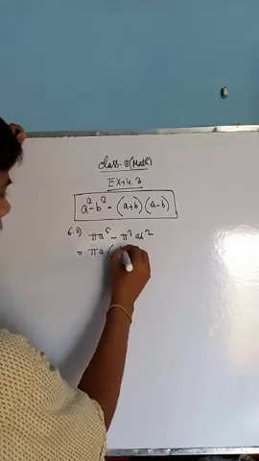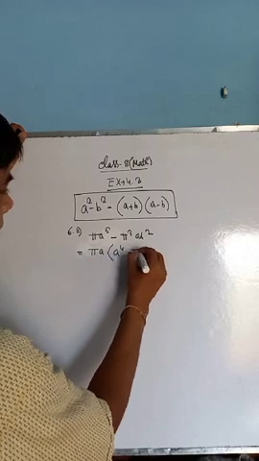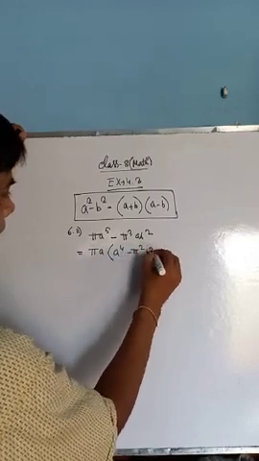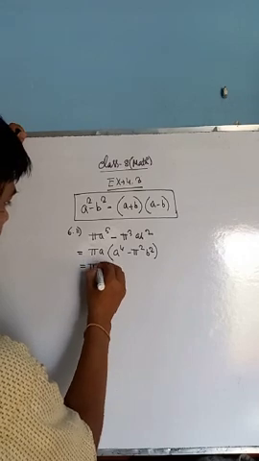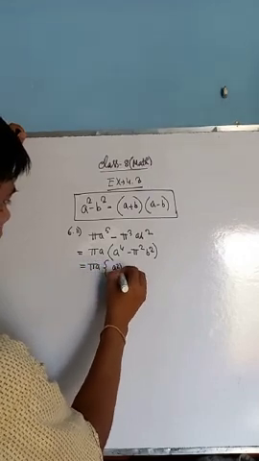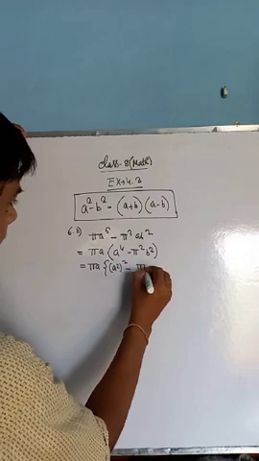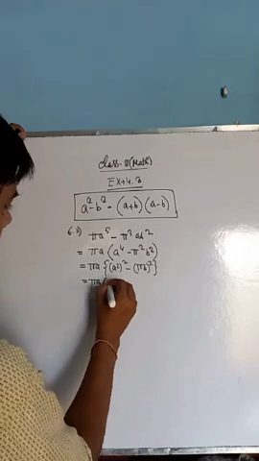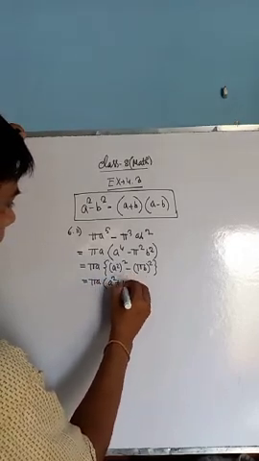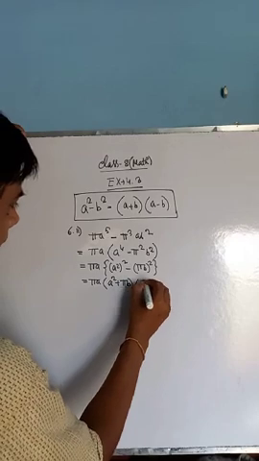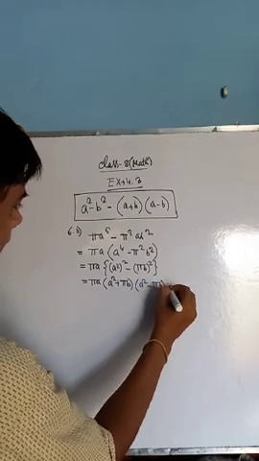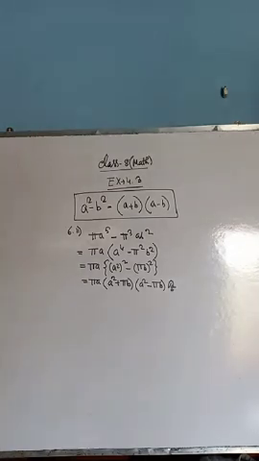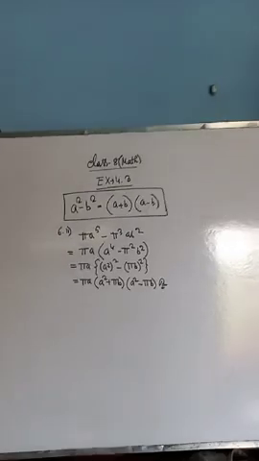Pi gone, a to the power 4 minus pi square, a gone, b square. a square whole square minus pi b whole square. So a square into a plus b, a minus b. This will be the answer. Clear? Easy? Okay.